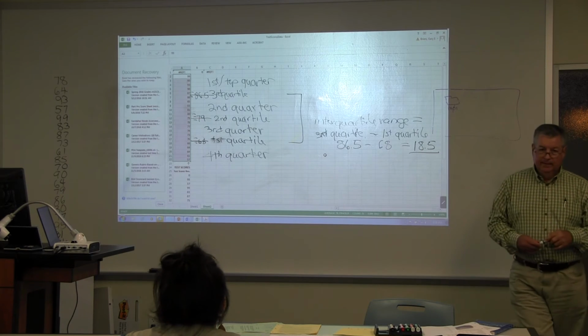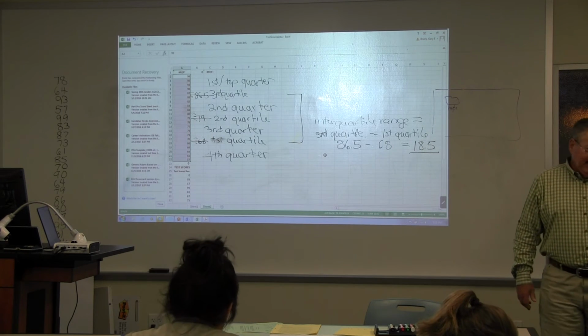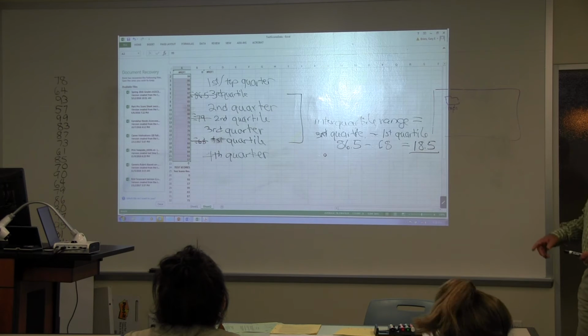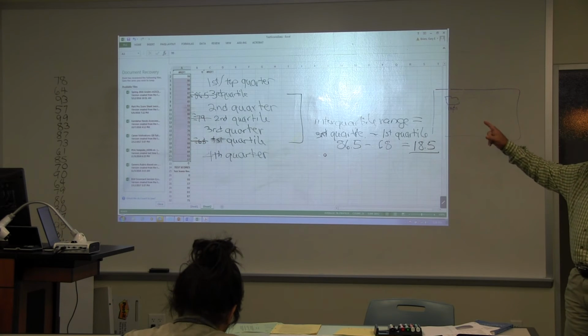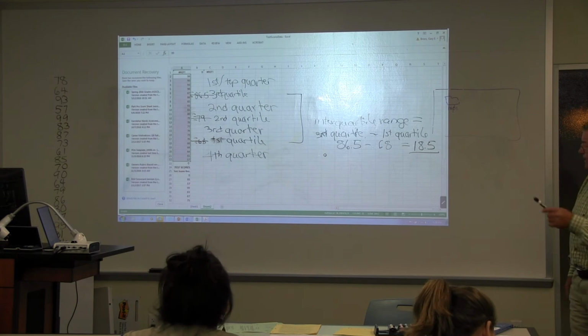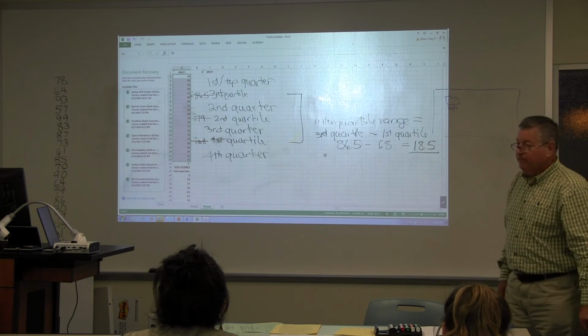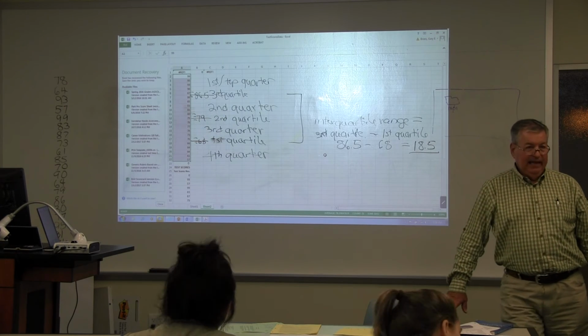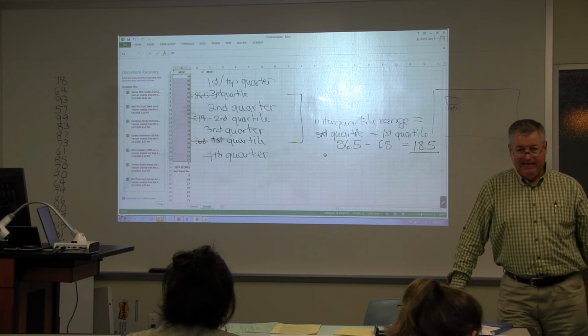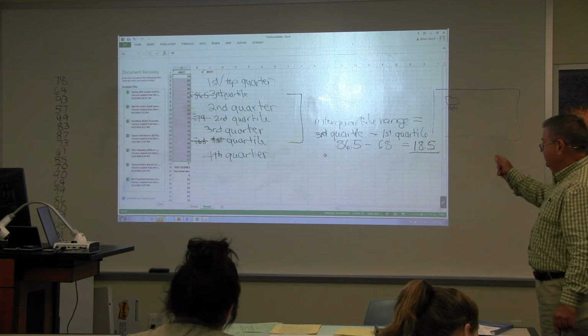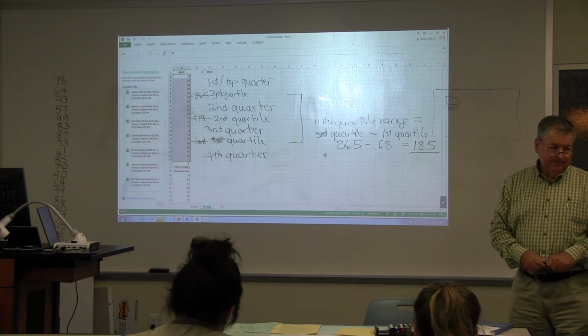Now, don't forget, if we're talking about the range on these data, it is 43. If we're talking about the interquartile range, it is 18 and a half.